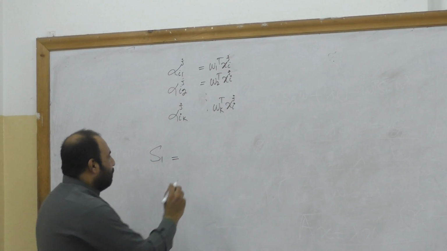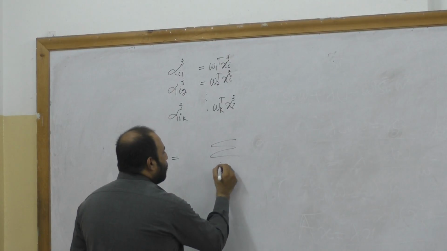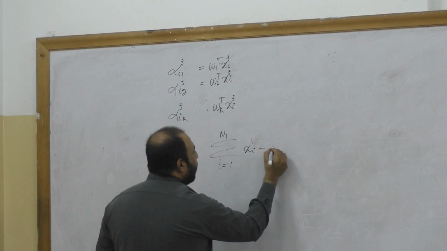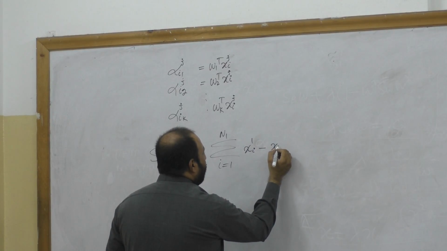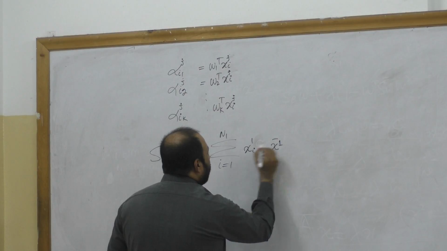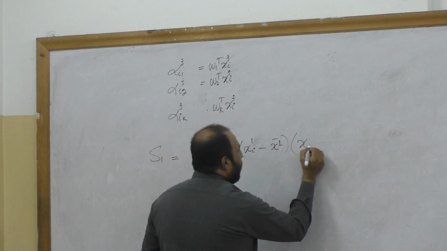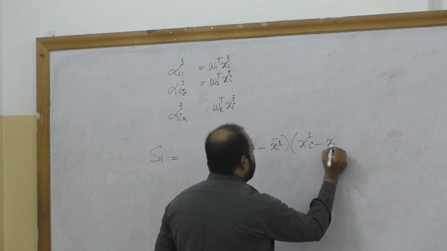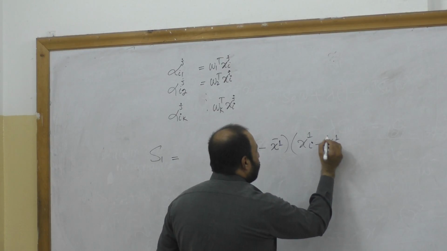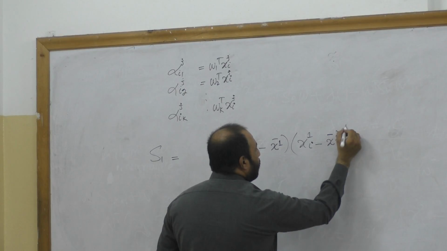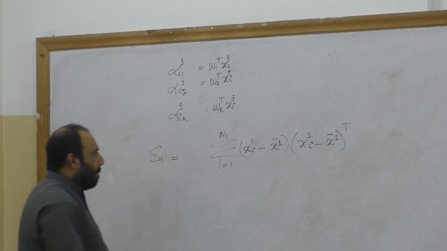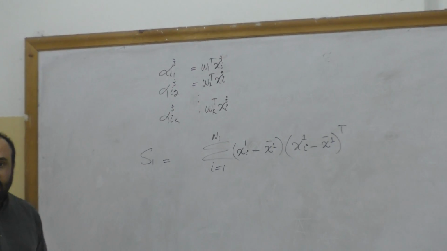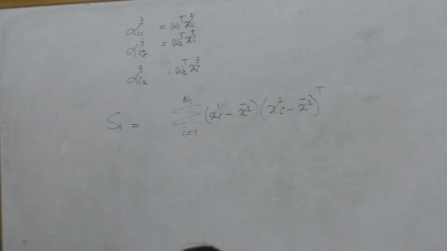It was the sum from i equals 1 to n1 of (xi1 minus x1 bar) times (xi1 minus x1 bar) transpose. This was S1. Even now, S1 will be the same.